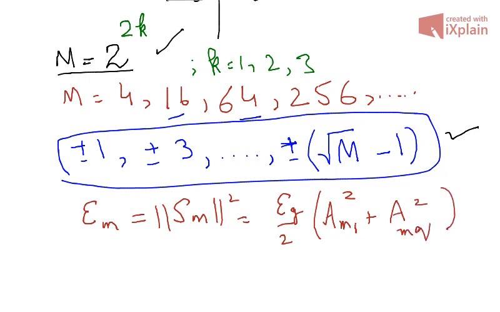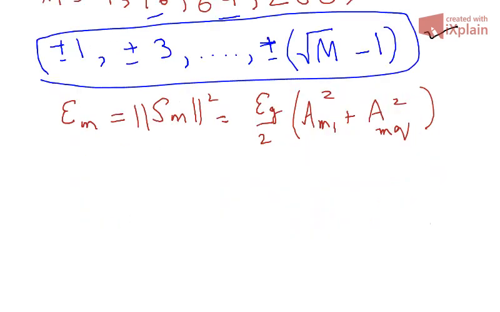We derived this expression for the energy of the signal. When we try to find the average energy, we sum the energies of all the points, because in this signal constellation all the points do not have the same energy. Different points have different energies, right?